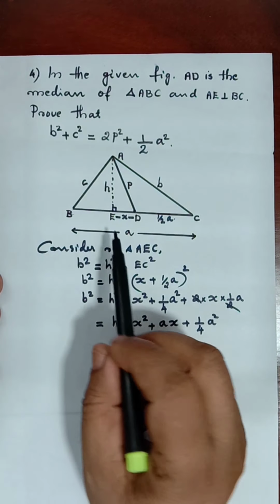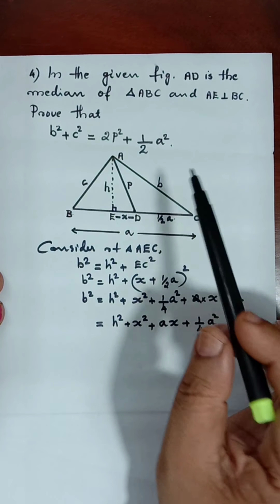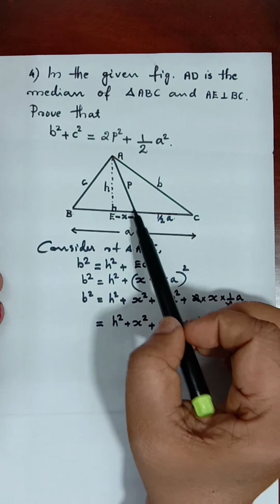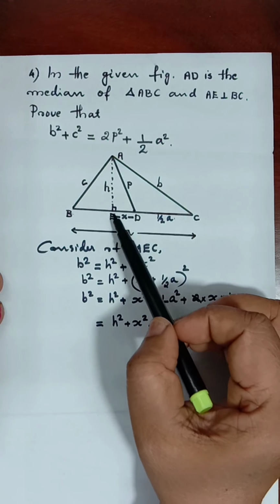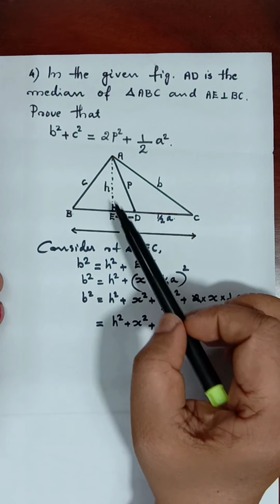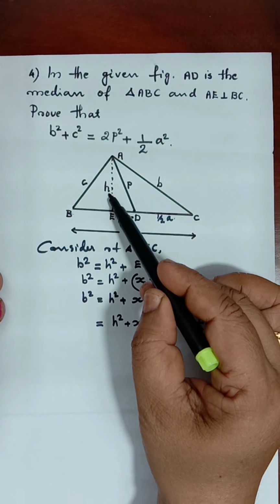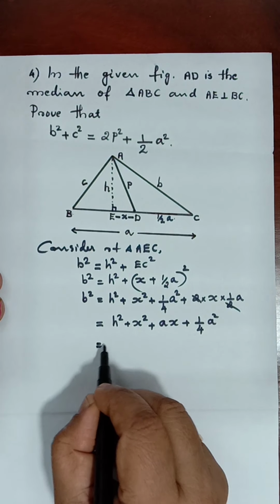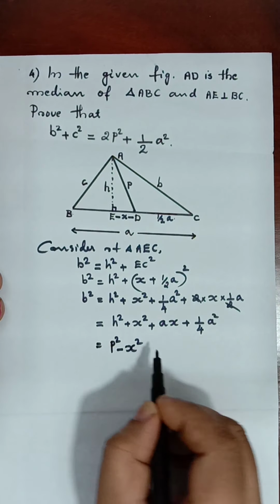Here again this H square can be found out. In the answer we don't have H. So in order to remove H, we are considering right triangle AED. In triangle AED, H is AE and ED is X, AD is P. Therefore, H square is P square minus X square. So instead of H square, I'm going to write P square minus X square.